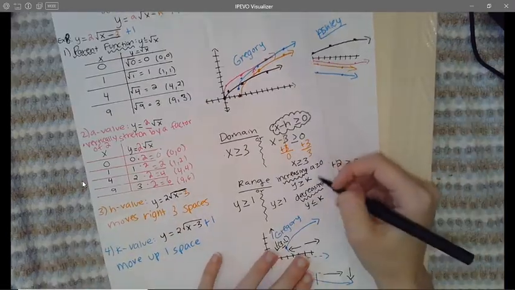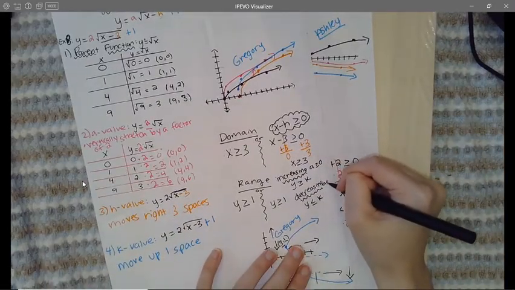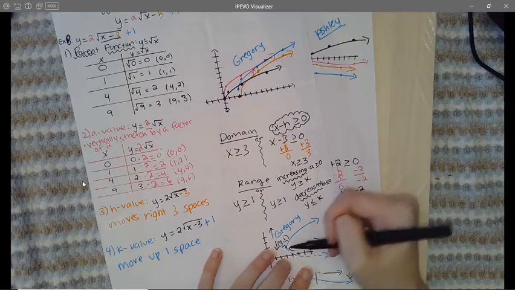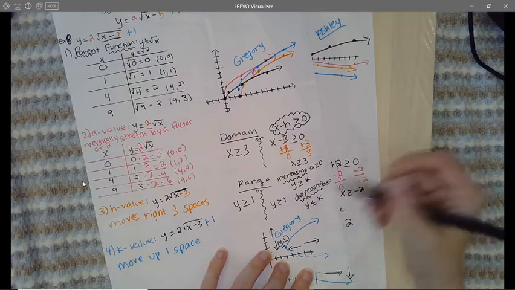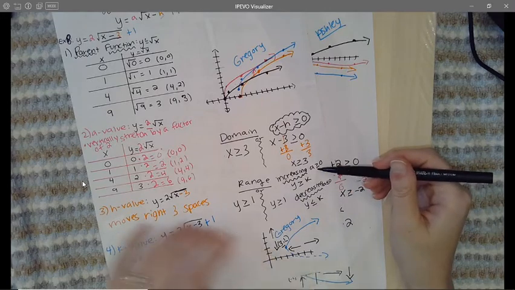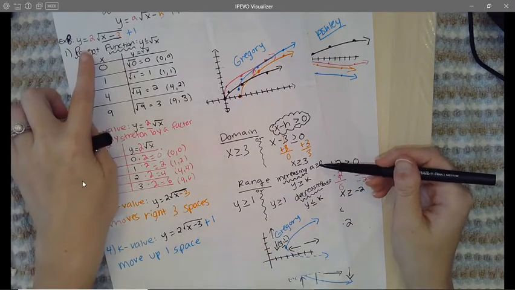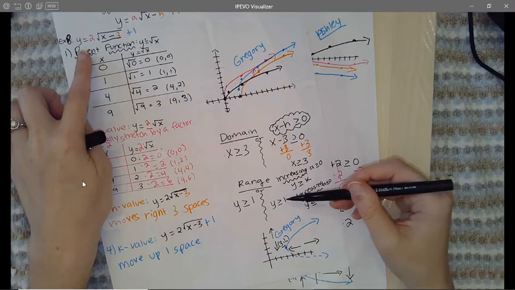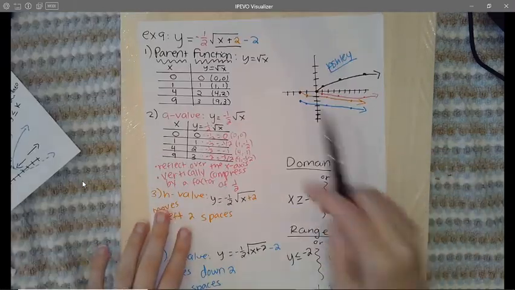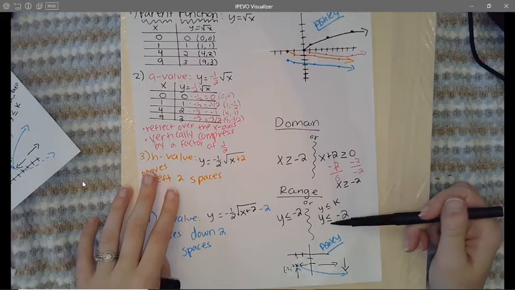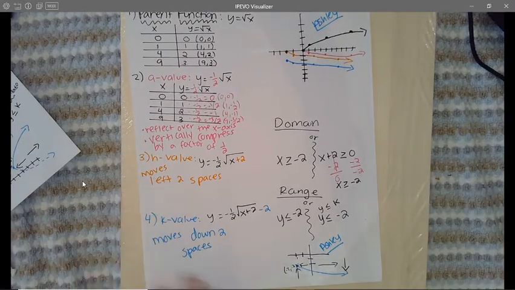And when a is less than or equal to 0, when it's negative, that's when it flips upside down. So if you don't like increase or decrease, another way to look at this is when a is larger than 0, which in the last one it was, that's when you use greater than or equal to. When a is less than or equal to 0, like in this one, it's negative, that's when you use less than or equal to. So whatever makes sense to you.